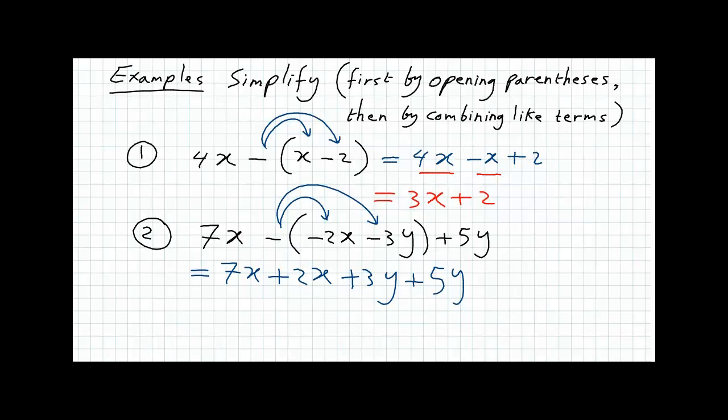Now we can see that we have some like terms, these 2 here and these 2 over here. So as a final answer, we can add like terms. 7x plus 2x is 9x, and we have 3y plus 5y. This will give us 8y. And the final answer here has two terms, they are unlike terms, we can't add them, and this is the final answer for simplifying this expression.